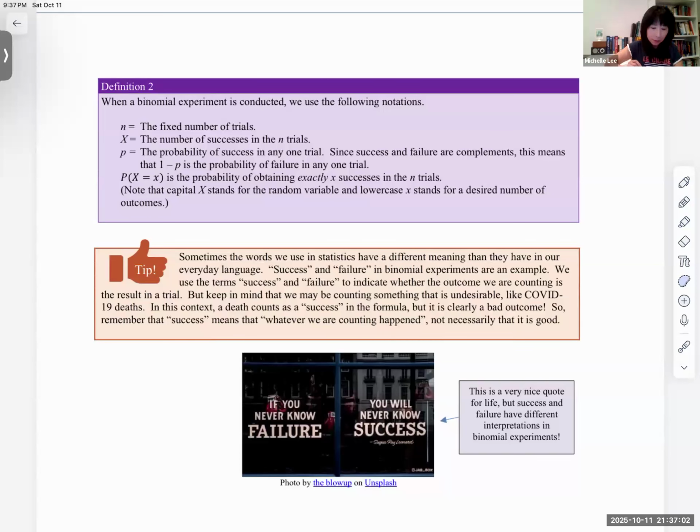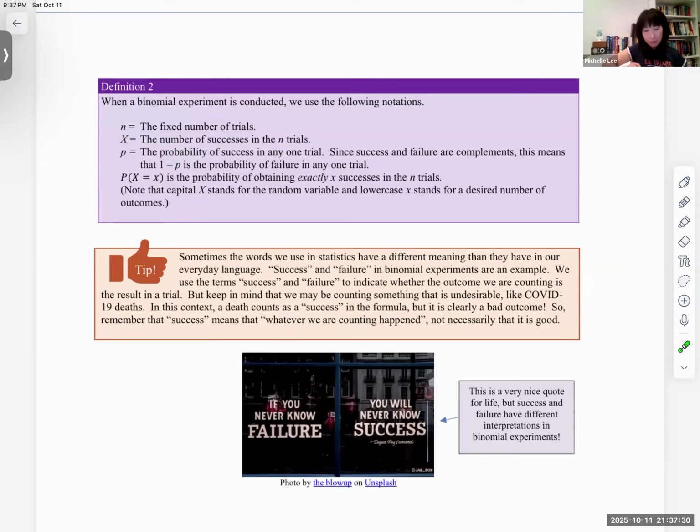Okay, now we have another definition about the symbols. Okay, so we have n, a fixed number of trials, and the capital X, the number of successes in the n trials, and P, we are using probability, right?